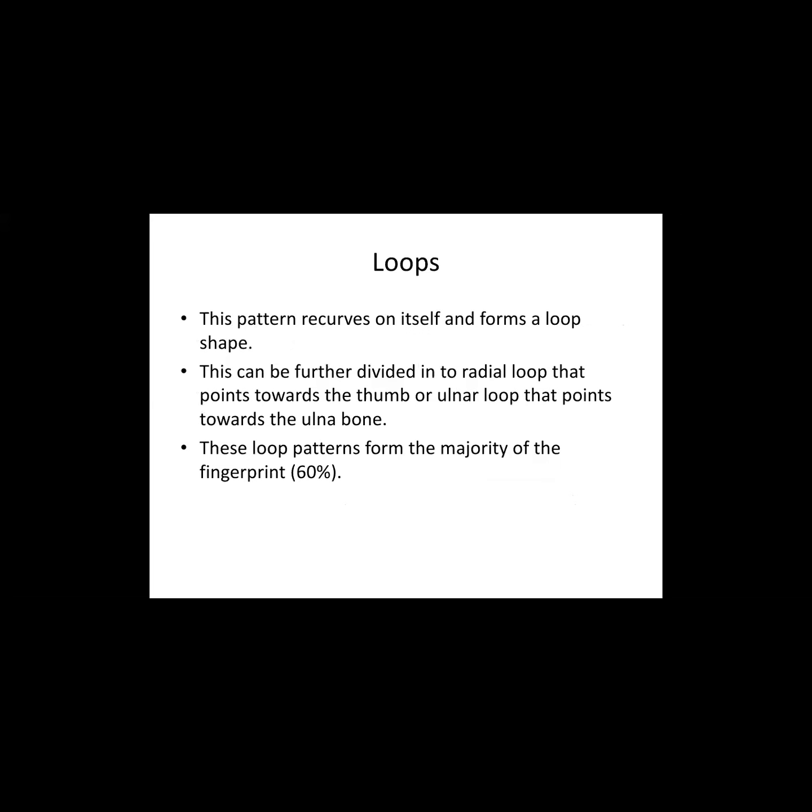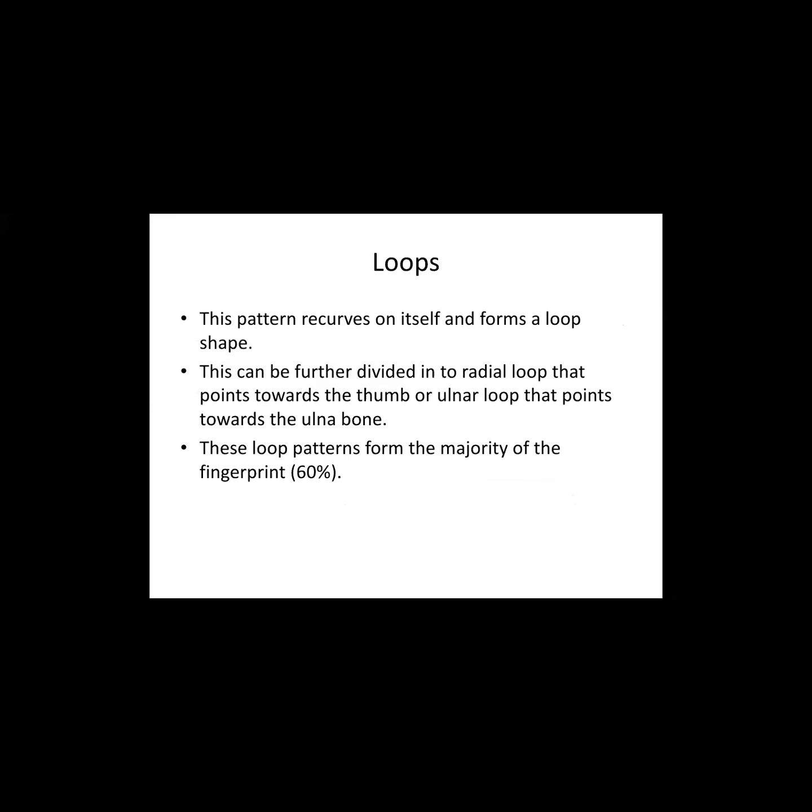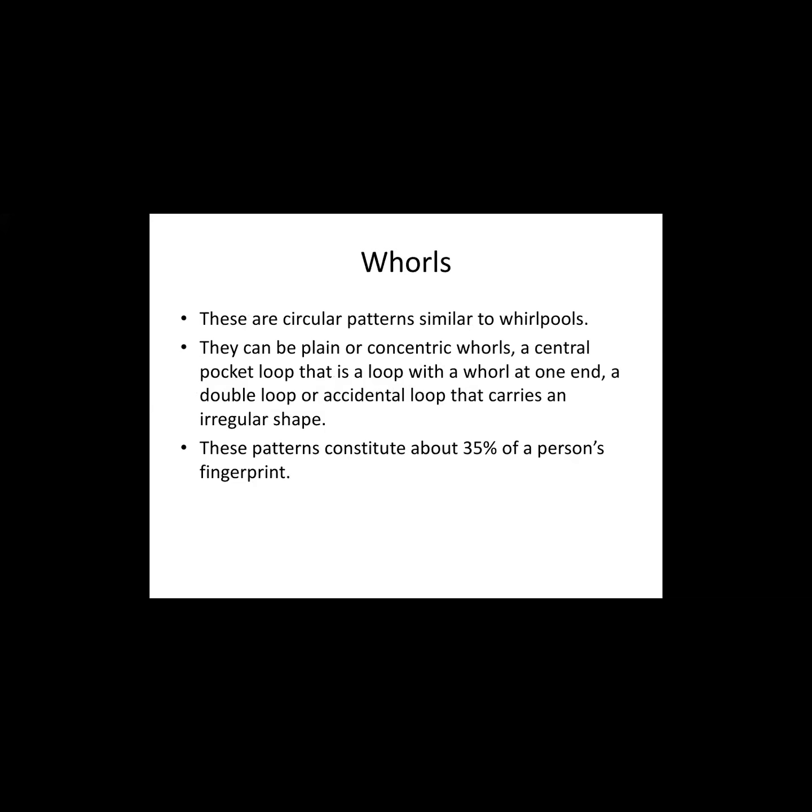As I'll tell you, loops, whorls, and arches. Here, I'll read in detail about loops, arches, and whorls. Loops: the pattern recurves on itself and forms a loop shape. This can be further divided into radial loops that point towards the thumb, or ulnar loops that point towards the ulnar bone.